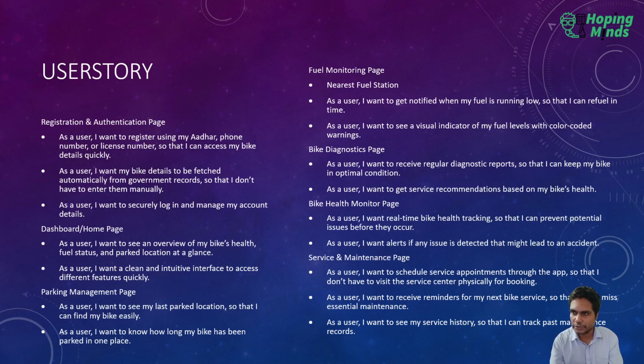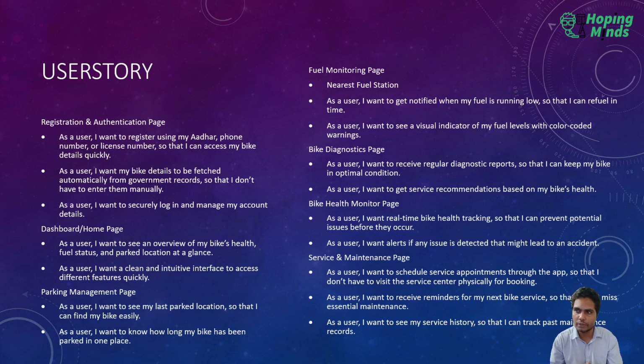So, the user stories I have created. For every page, you need a user story, because this will help you understand what features and content are going to be there on that specific page. For example, the registration and authentication page: as a user, I want to register using my Aadhaar, phone number, or license number so that I can access my bike details quickly.